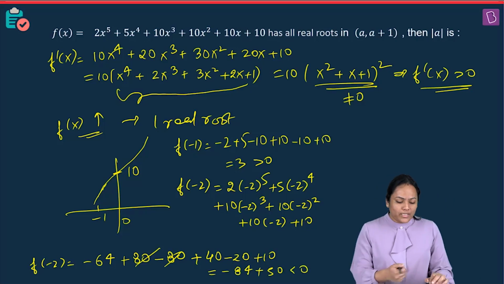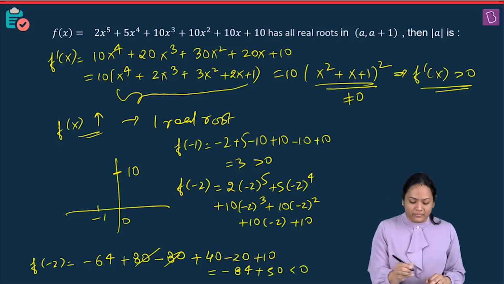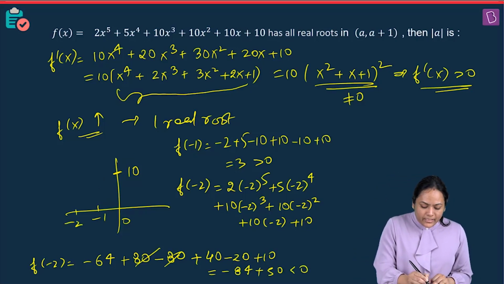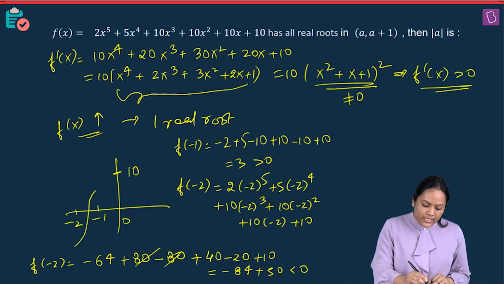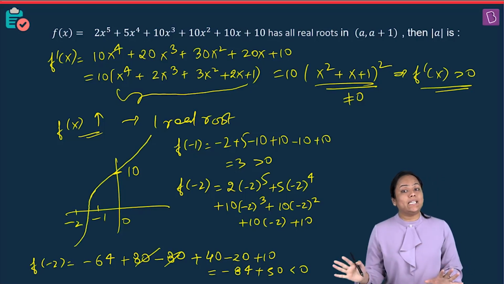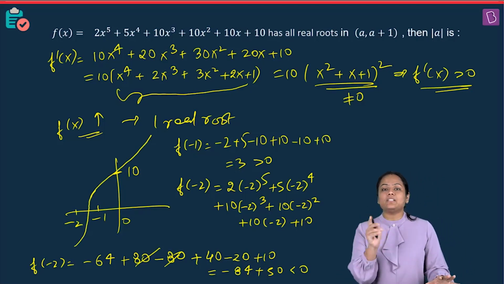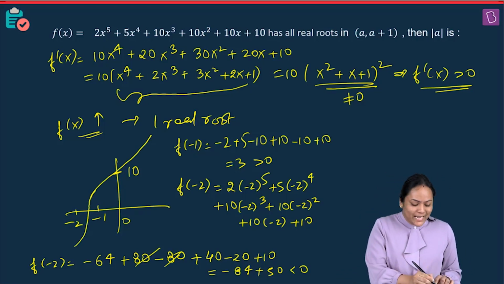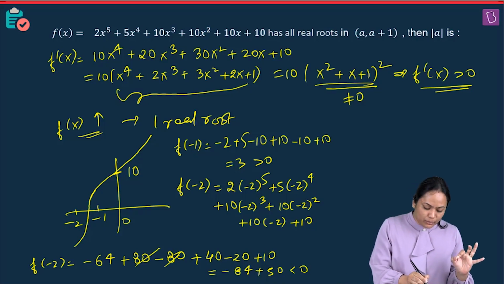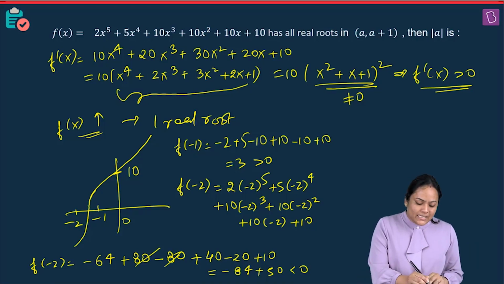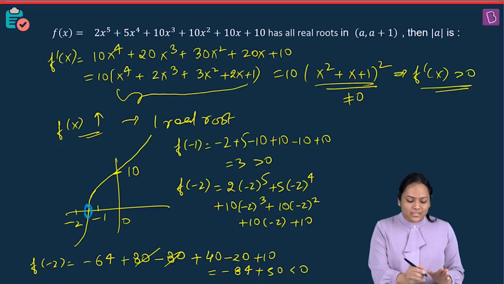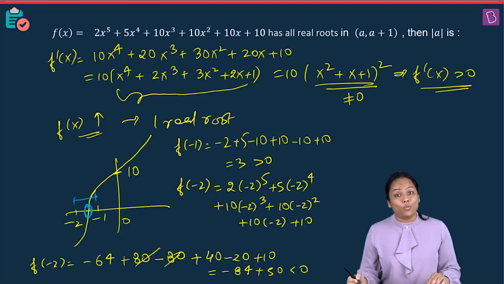That means what? That my polynomial f(x) will be negative for minus 2. Then it is becoming positive for minus 1. Further, it's increasing. And that is going to give me what? That the one root which the polynomial f(x) has is lying between -2 to -1.